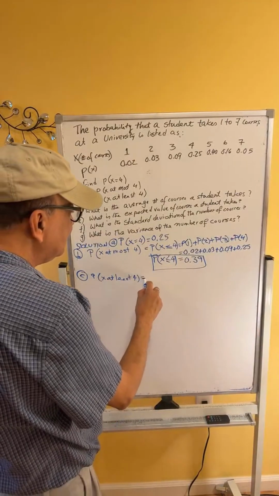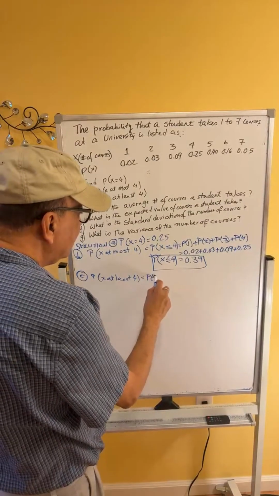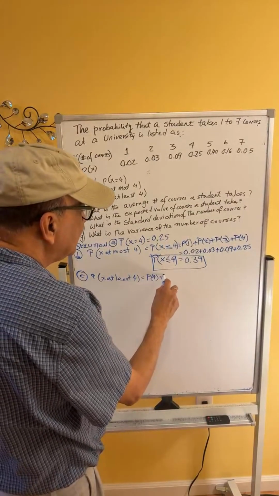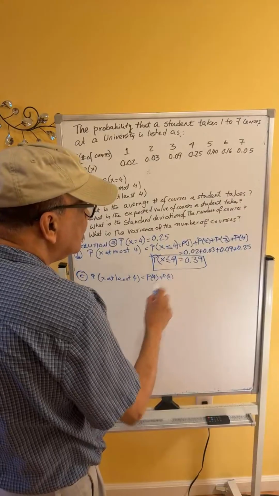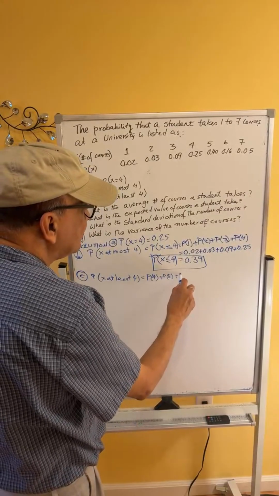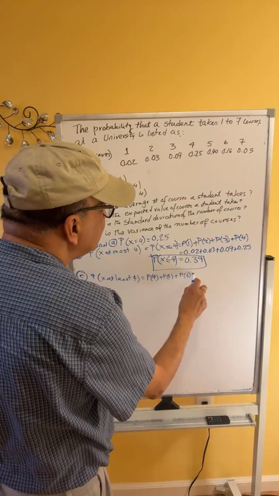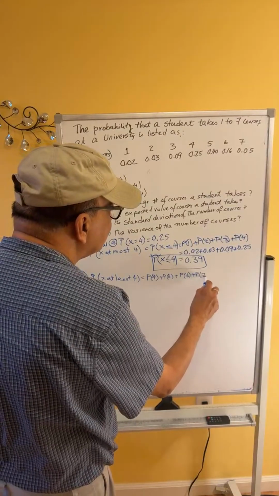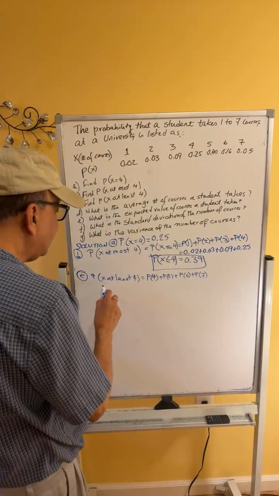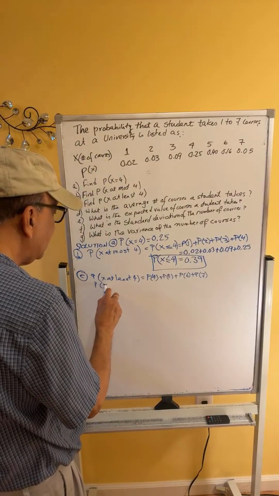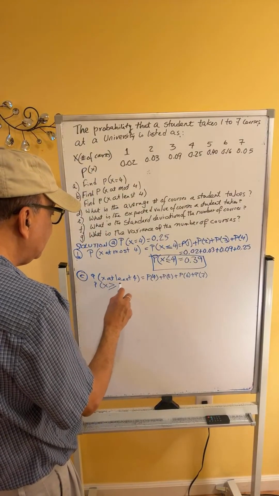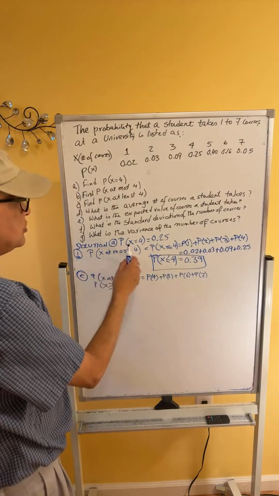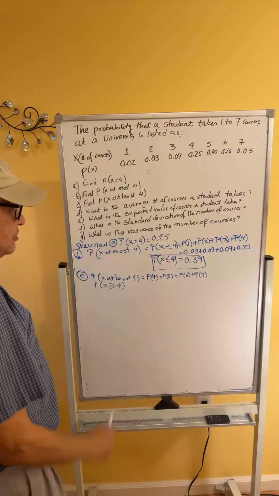So what is it? P4. It can be P4, it can be P5, it can be 5 courses, it can be 6 courses, and it is a maximum of 7 courses. Okay, so at least 4 is written in algebra as x greater than or equal to 4, as opposed to at most 4, which is less than or equal to 4.